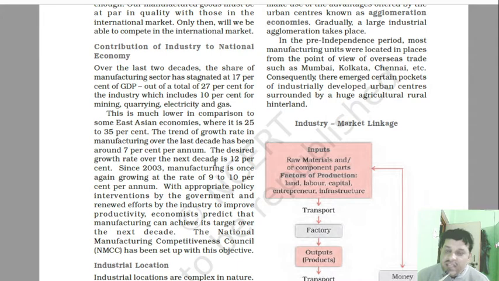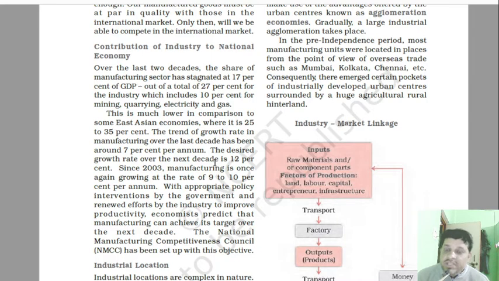As far as economic data is concerned, here it is given that in the last 2 decades, meaning the last 20 years, the economic strength of the country is calculated by the GDP. It is the sum total of final goods and services produced in all three sectors in a country. Manufacturing belongs to the secondary sector.